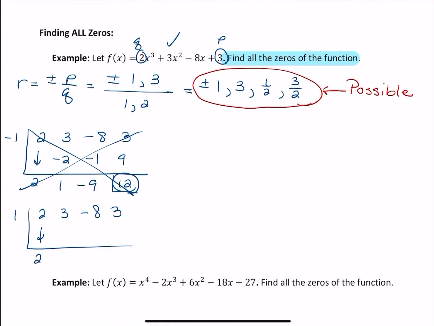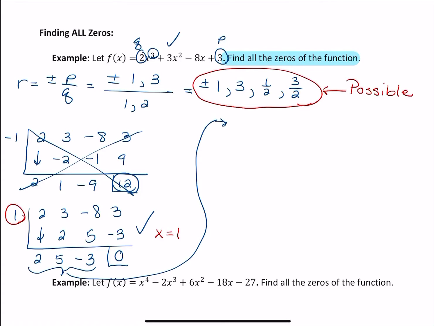So synthetically divide. So this one, I end up with a remainder of 0. So that means that 1 is a 0.